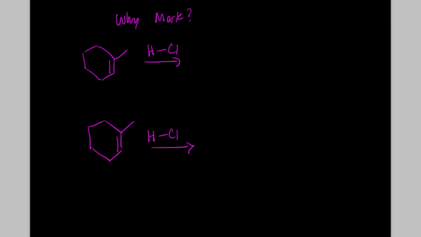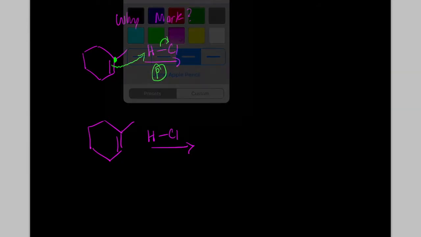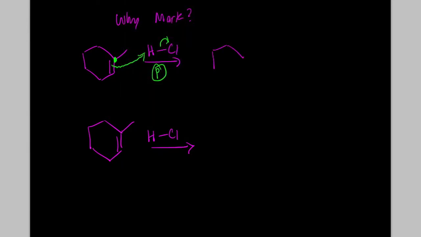Now, we could put the hydrogen here, okay, when this molecule becomes protonated, okay? If we do that, so that's a protonation step, we're going to get this molecule here. So we're going to have that carbon and then the hydrogen here, okay? And we're going to have a positive charge right here, and we call this a secondary carbocation.